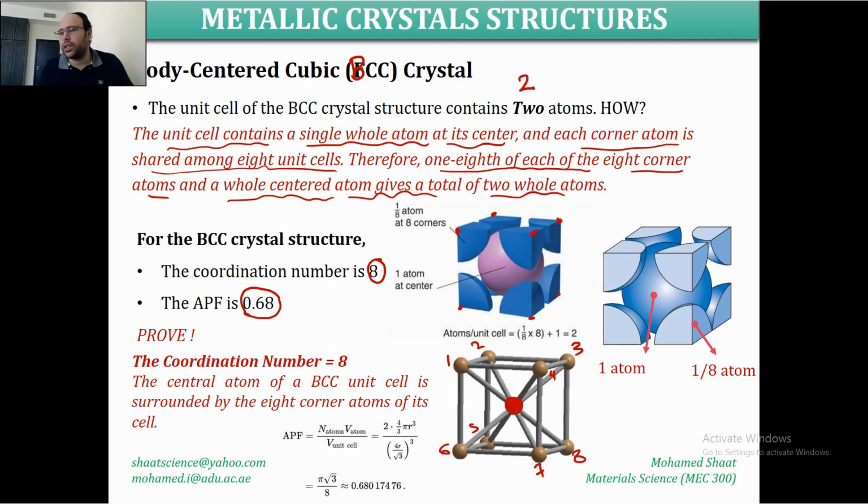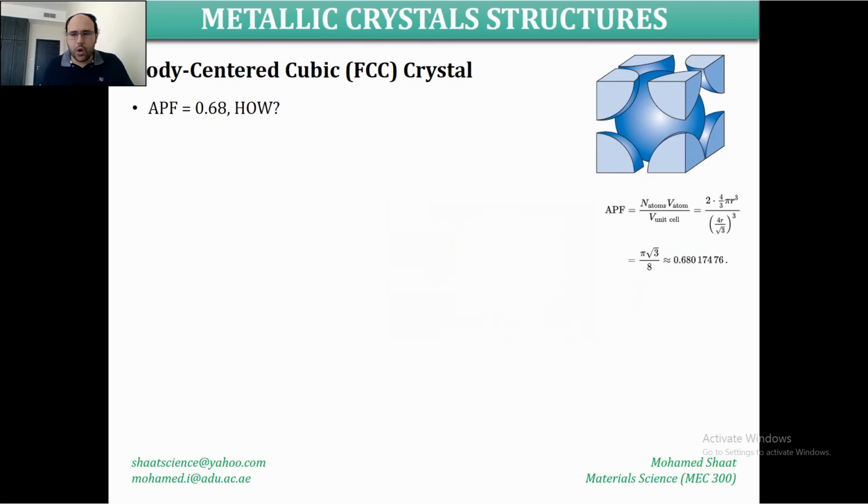How can we calculate it? Okay, so we're going to go over the calculation of the atomic packing factor very quickly, which is typically the same procedure that we applied to the FCC crystal structure.